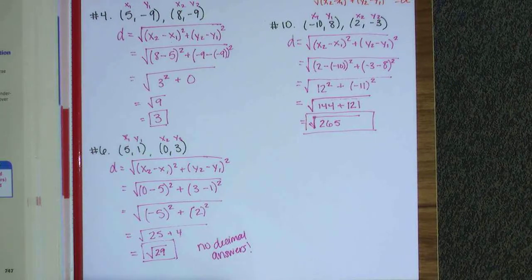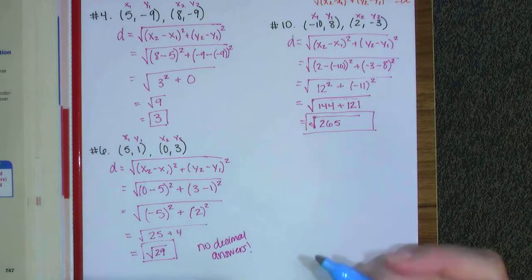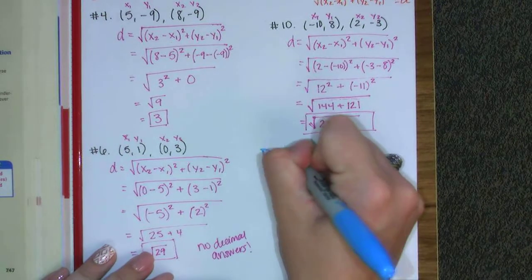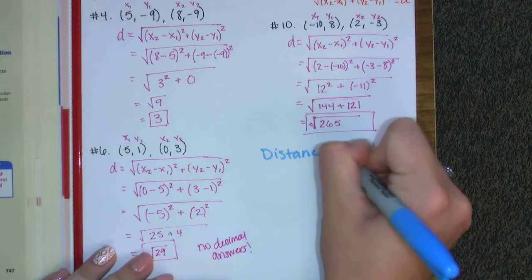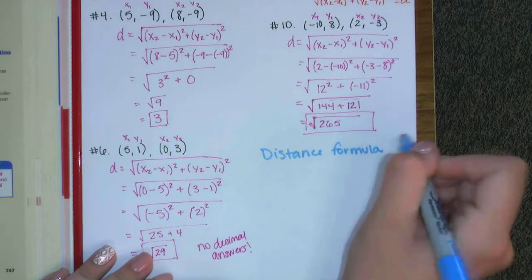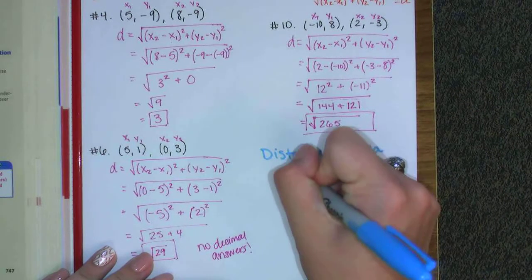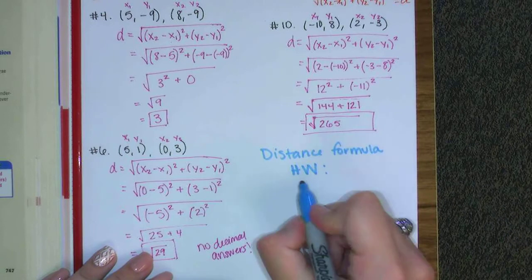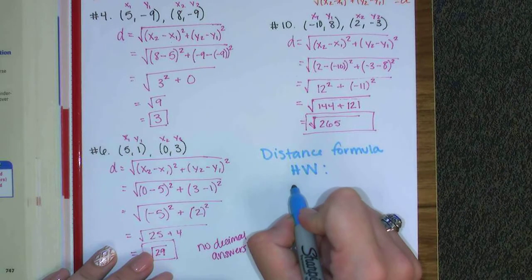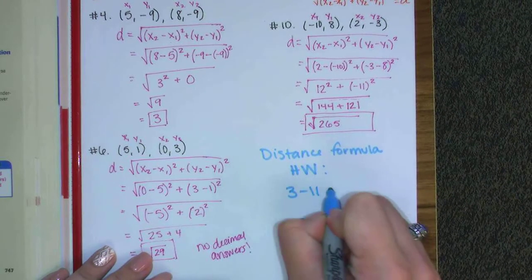Alright, so that's the distance formula. So if you would like to, this would be a good place to pause the video and to do the homework for this distance formula problem. So the distance formula homework is going to be 3 through 11 odd, okay?